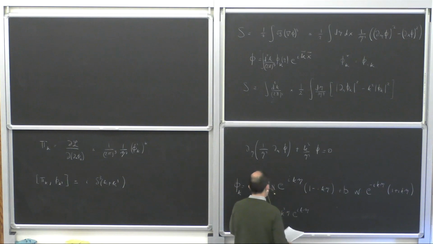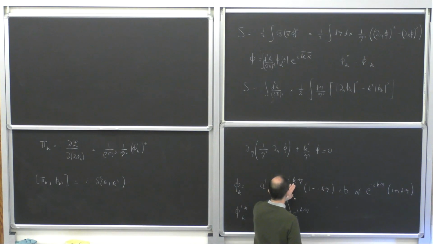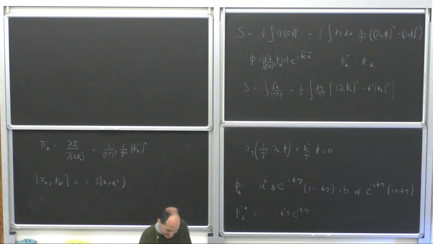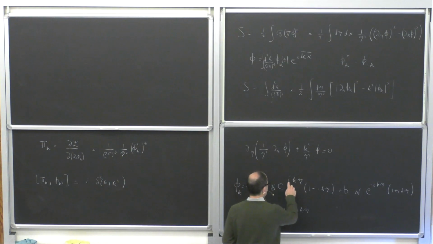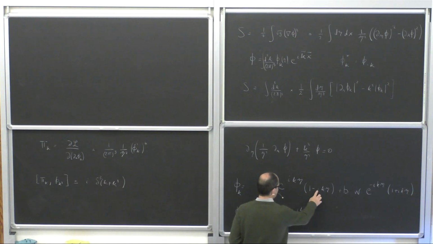So we get, okay, maybe, is this factor of i there or not? Let me see. No, there is no factor of i, because there is a factor of i from here that cancels with this factor of i, so the leading term has no factor of i. Okay, is that clear?